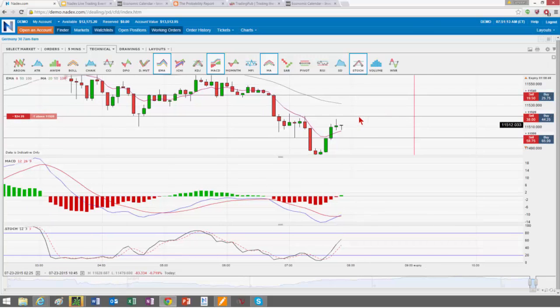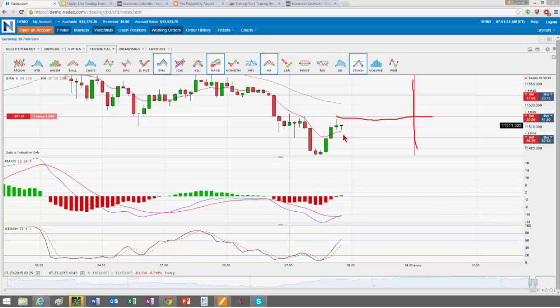Here's my strike price right here, so I want to keep an eye on that. Once again, what I'm looking at is this line up here and this finish line.